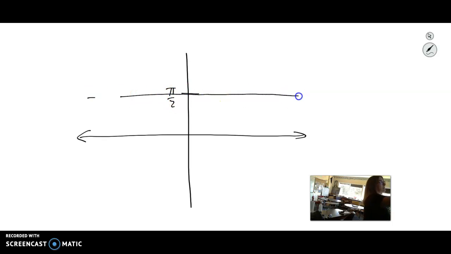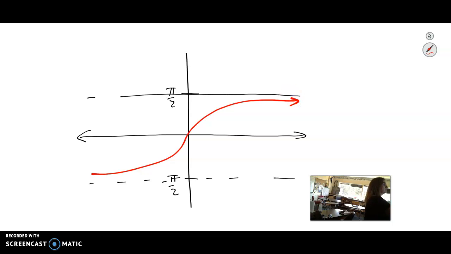And so instead of vertical asymptotes, we have horizontal asymptotes. That's supposed to be a dotted line. And the graph looks something like this. It gets closer and closer to that horizontal y value of pi over 2 as x goes to positive infinity, and as it goes to negative infinity, it's getting closer to negative pi over 2, but it never actually gets there.